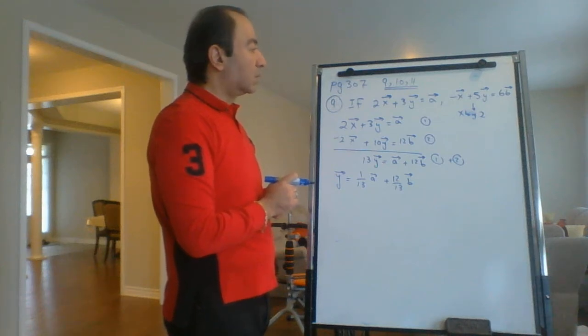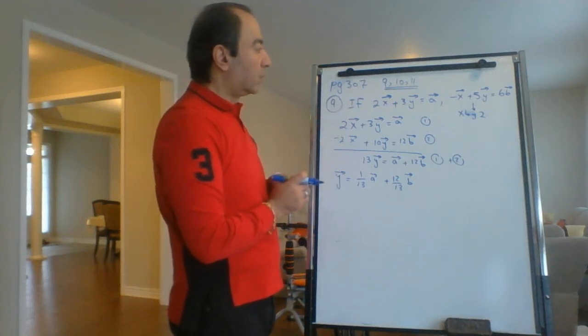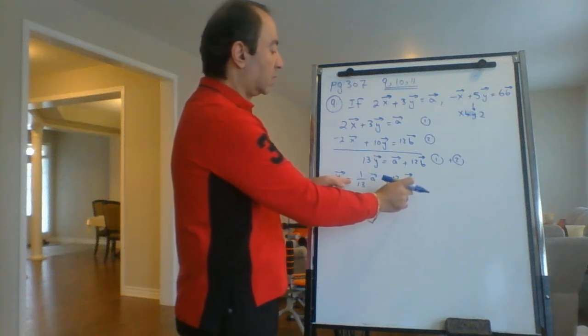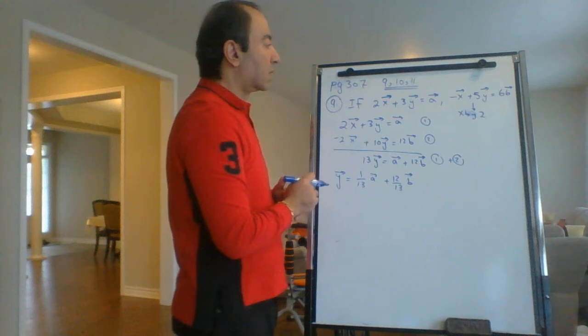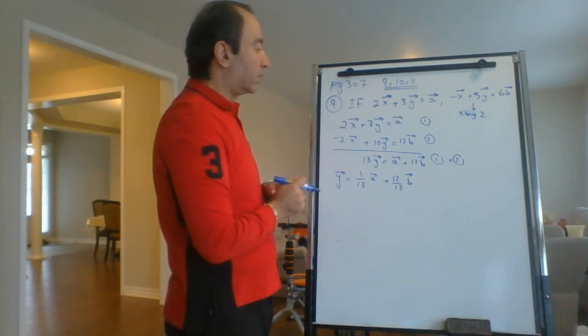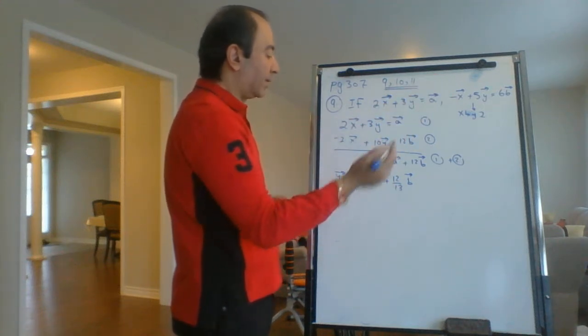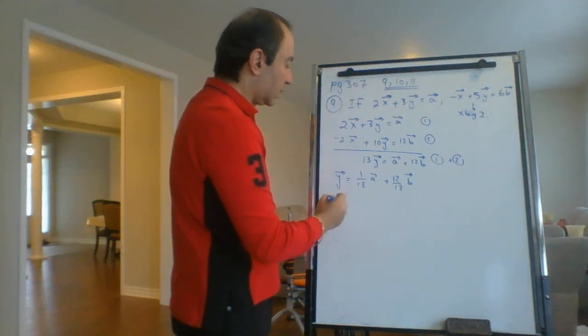What we're going to do is the same thing to solve for x. So I'm going to substitute what I have for y in one of these two equations and isolate vector x. So it doesn't matter which equation you choose. You can do anything. I will choose the first equation.